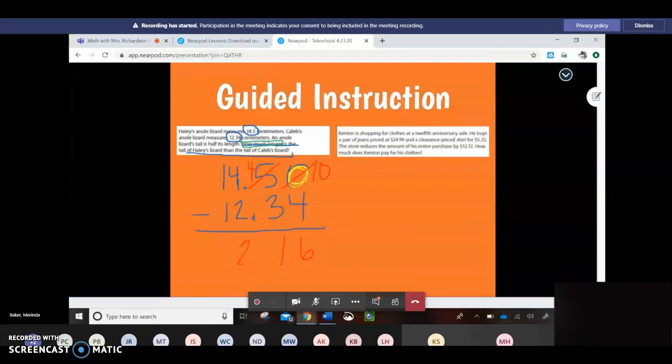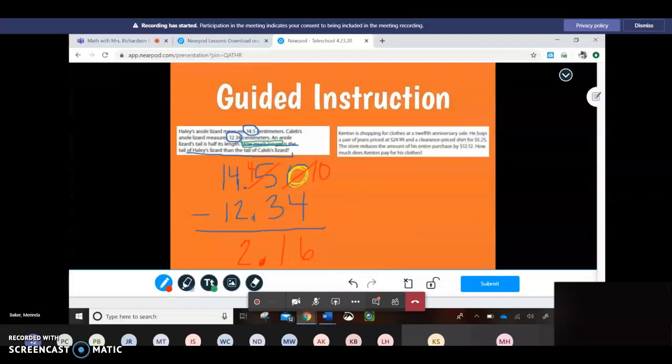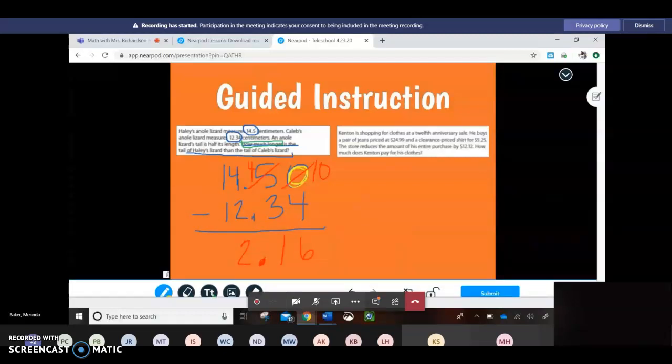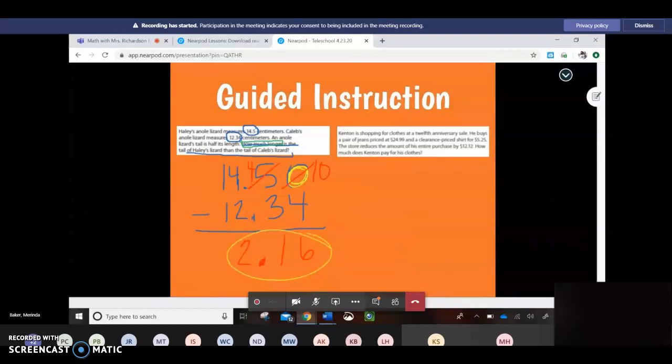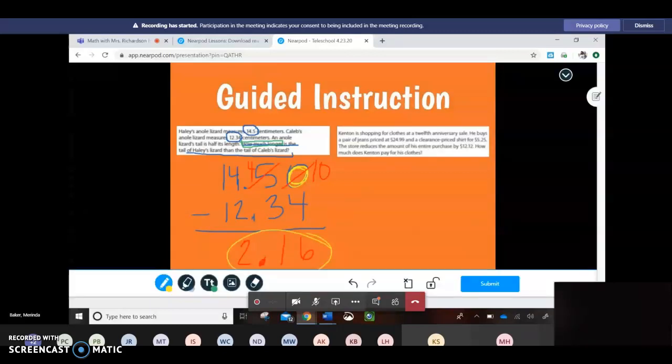Bring the decimal down. And we see that it is 2 and 6 hundredths longer. Okay? So that is our final answer. Remember, the important part of this was not only looking at the correct place value but also putting in that 0 as a placeholder.